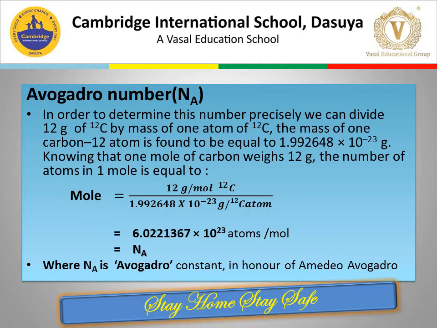This is equated with Na, in honor of Amedeo Avogadro, and is called the Avogadro number or the Avogadro constant. It's a huge number, in fact.